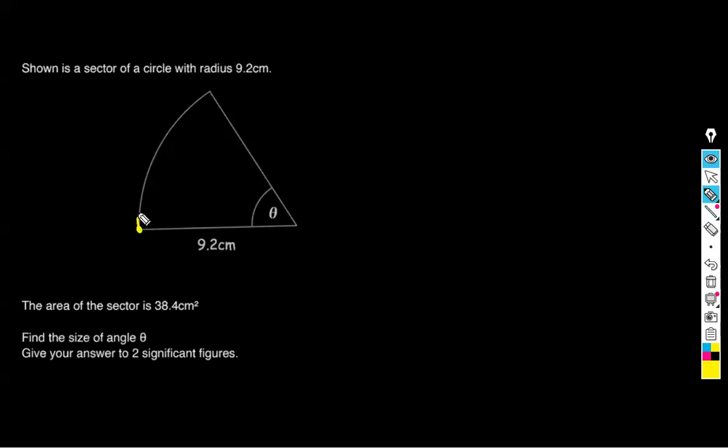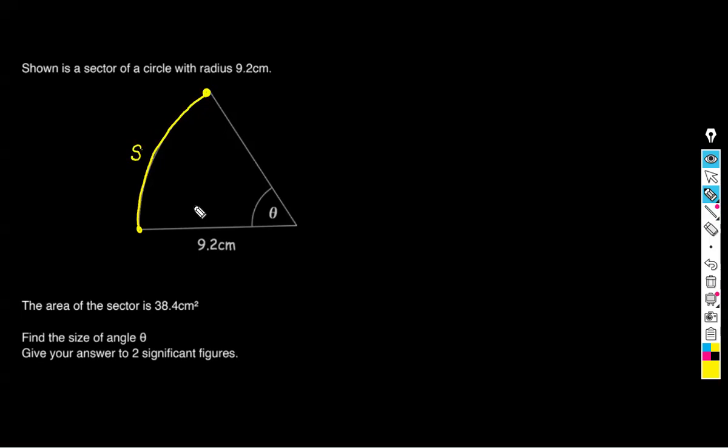Remember, a sector basically has two major parts, right? When it comes to formulas, it has the length of the arc. Usually the symbol for the length of the arc is the letter S. Don't ask me who came up with that.